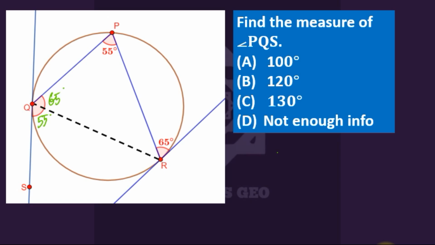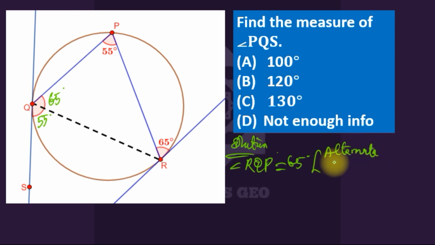But let me now state it so that it will be formal. The first thing I discovered is that angle RQP is 65 degrees. Why? Alternate segment theorem.